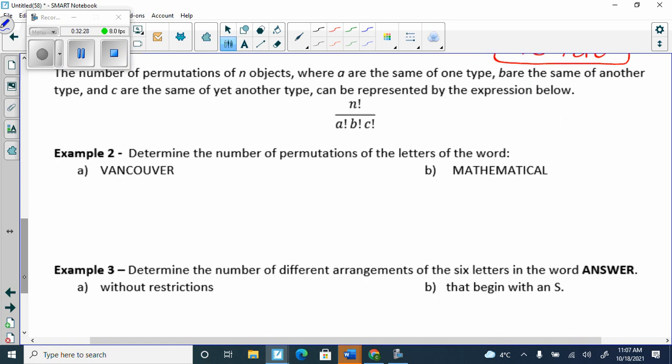Okay. Example 2. What is different with this example right now than all the examples we've done before? There's repeating letters. There was a kid that I used to tutor back in the day from a different school in our town, and the teacher had a genius idea.